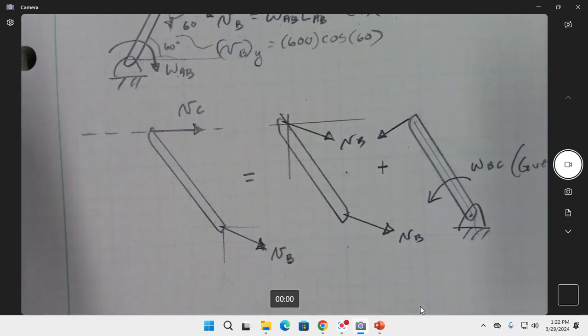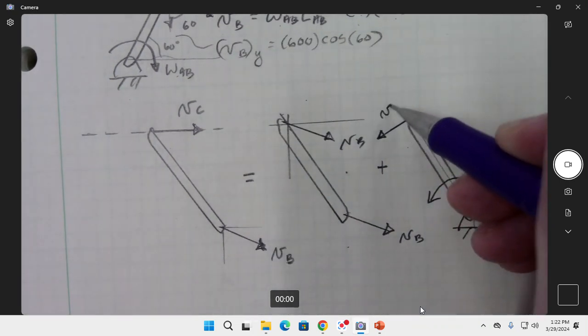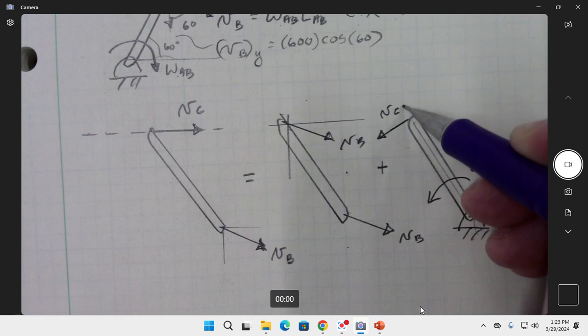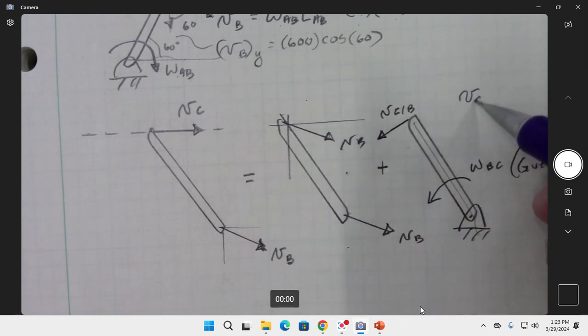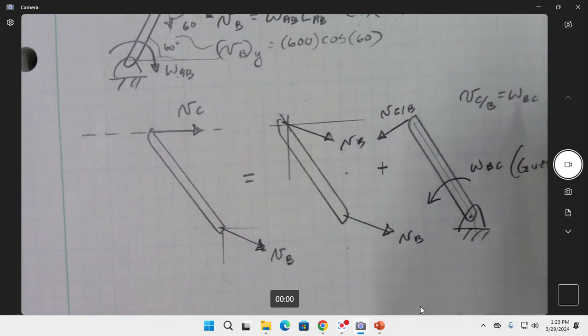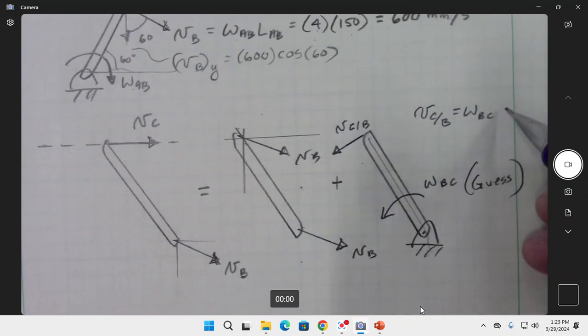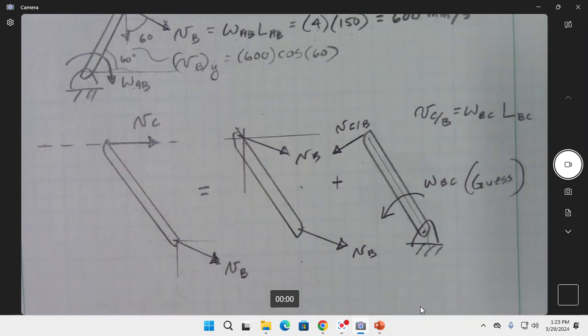And then I'm going to look for minus signs. And so this is going to be the VC with respect to B. And as a value, VC with respect to B is going to be omega BC times, I'll call it LBC. That's going to be the 200 millimeter dimension.